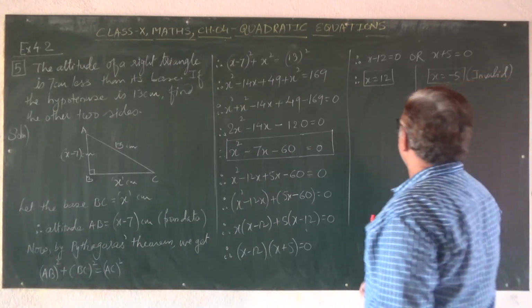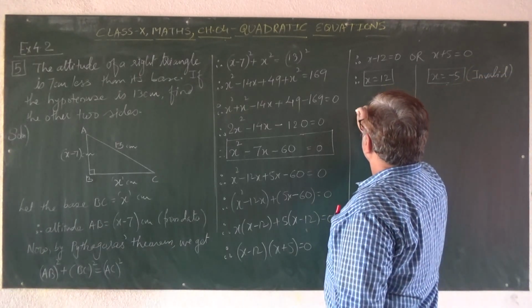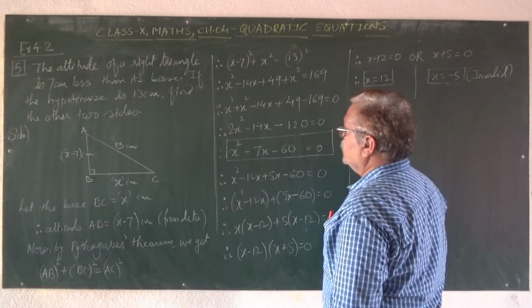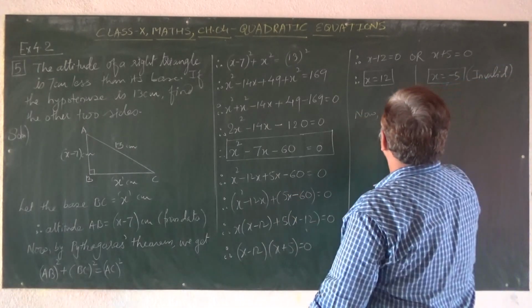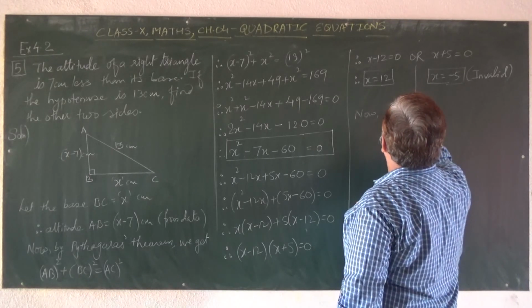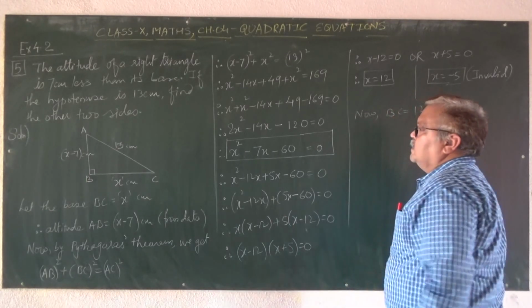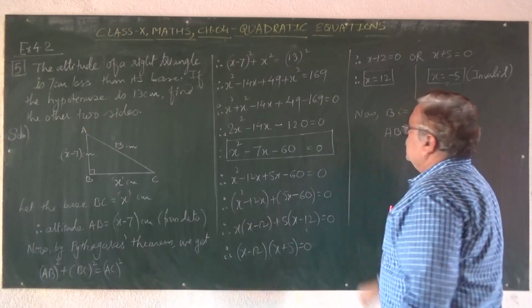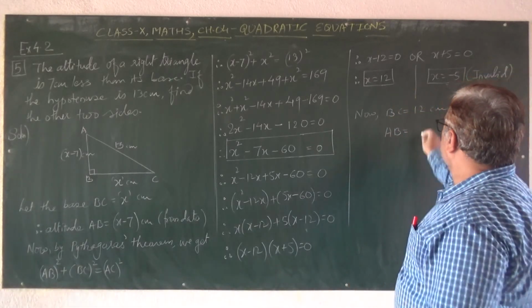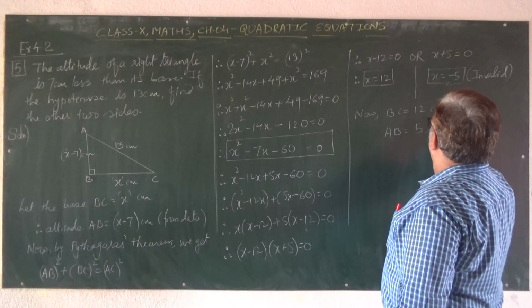So now, what is BC? Base. BC is 12 centimeter. And what is AB? AB is 12 minus 7, that is 5 centimeter.